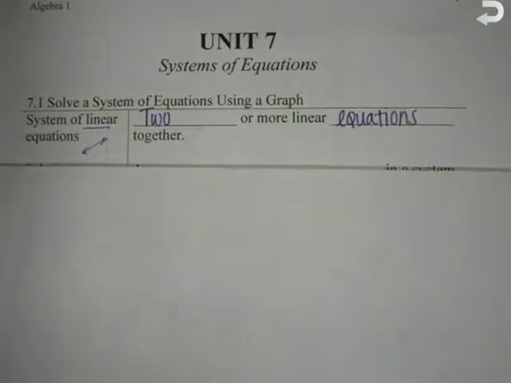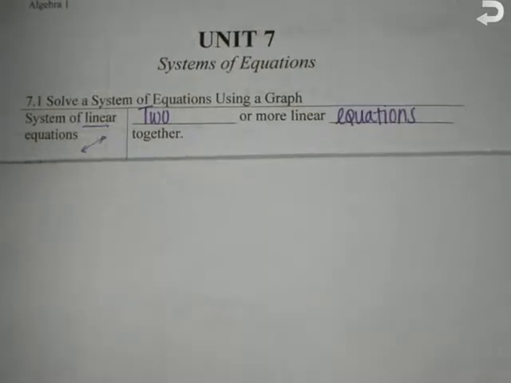All we are going to be working with in this unit is 2. But when you get to Algebra 2, you're going to start working with systems of 3 equations. In Algebra 1 we just work with 2.